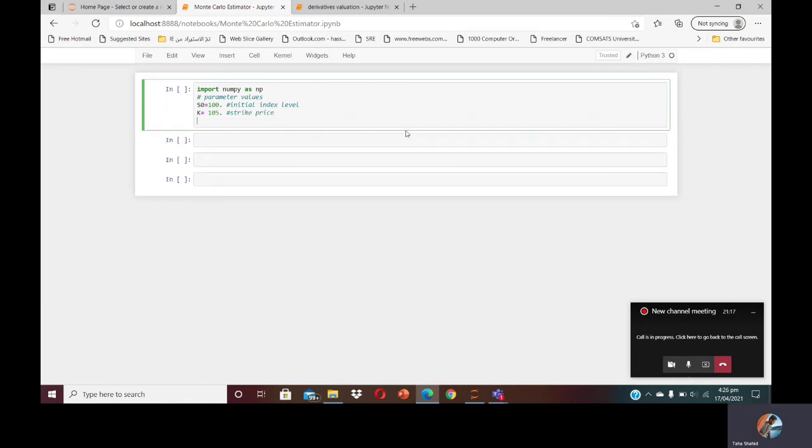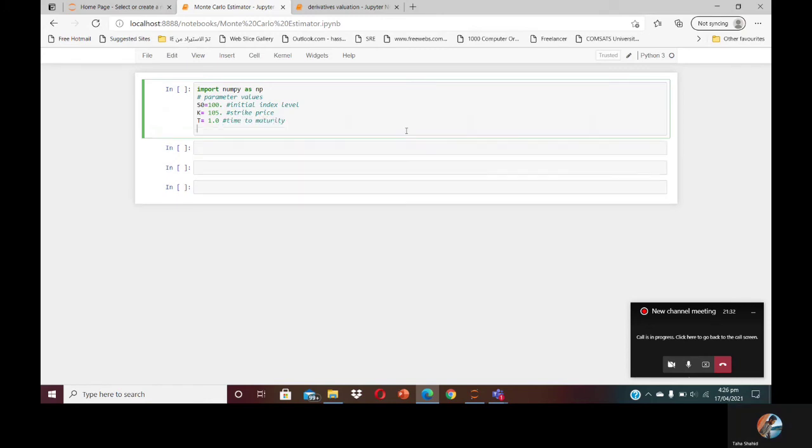We will set the time to maturity T equal to 1. Then we will set the riskless short rate r equal to 0.